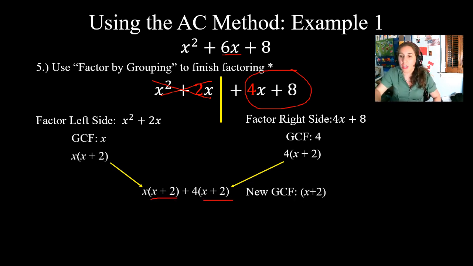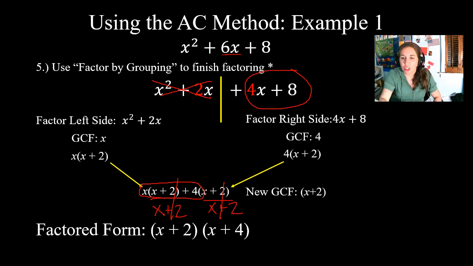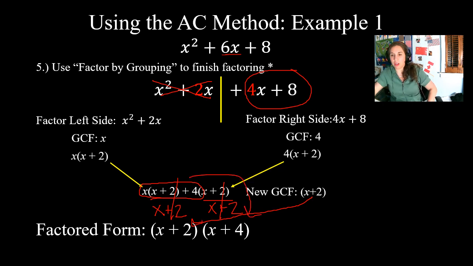So our new GCF is x plus 2. When we factor that out from both sides, remember factor out just means divide. So let's divide both these terms by x plus 2. They cancel, and that leaves us with x plus 4 over here. So that gives us a factorization of x plus 2, we can't forget that, and then of course x plus 4 when we factored everything out.